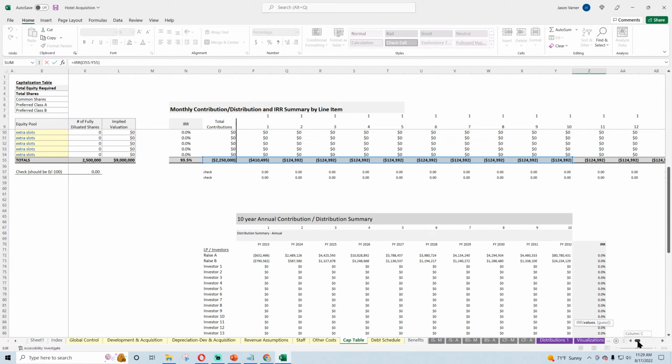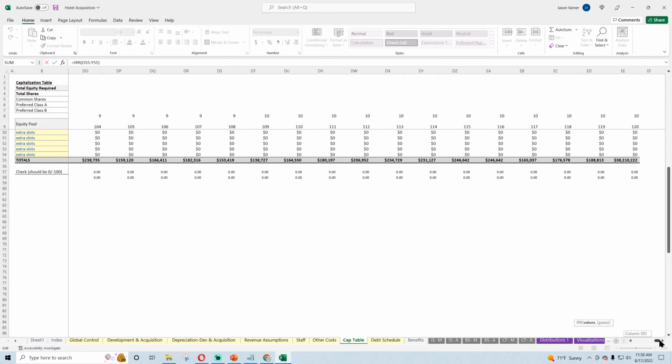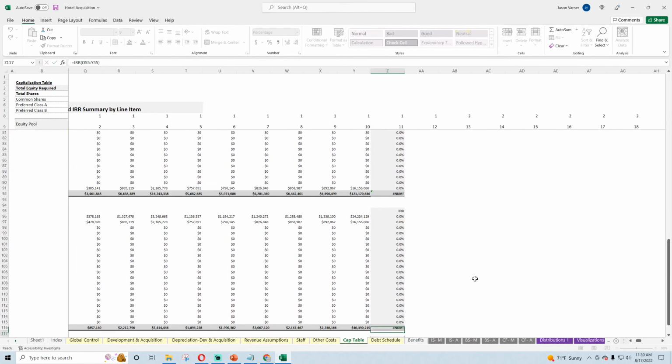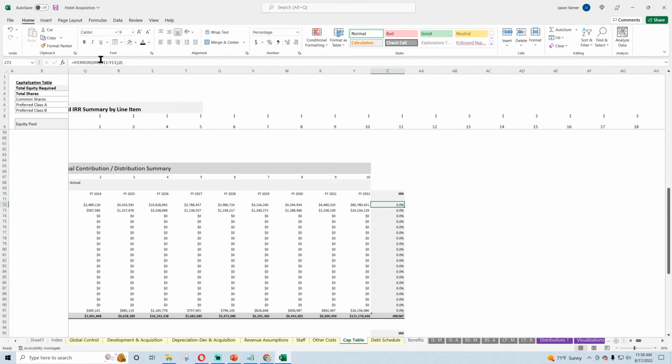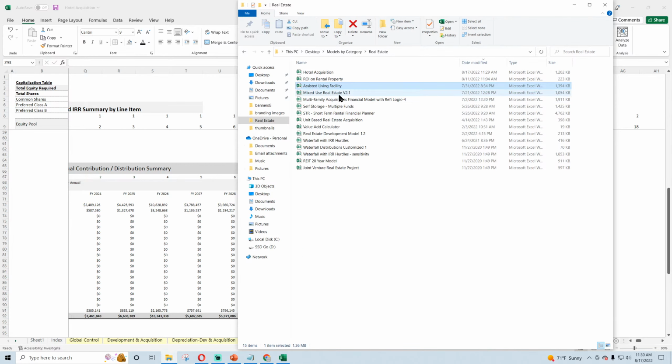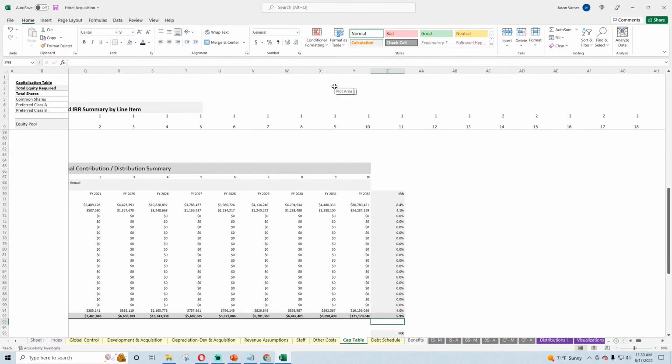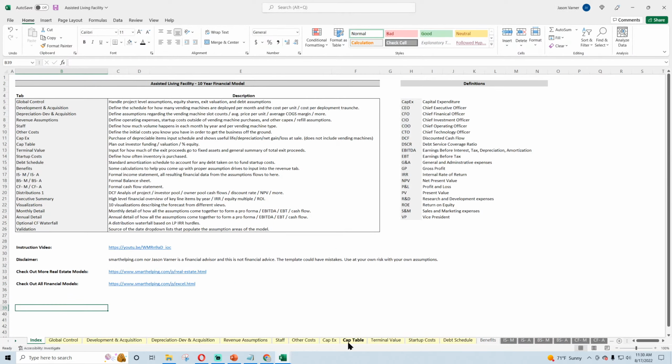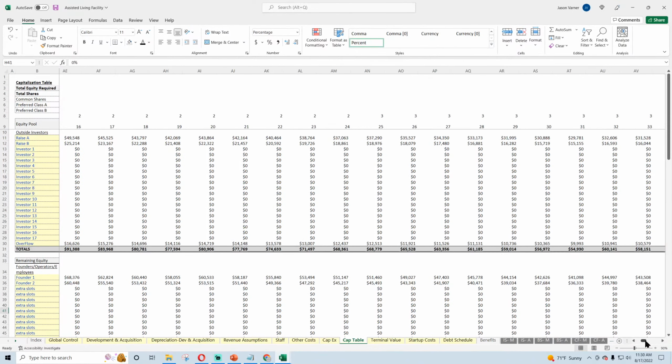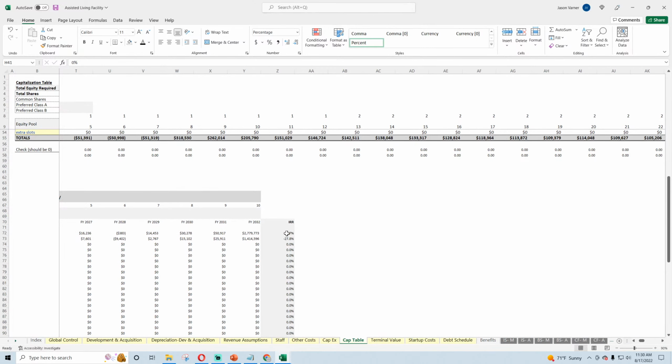No. So we got to extend all the way out to column EE. Now, is that something on the assisted living facility we didn't do, which is possible? Yep. So that's an update.